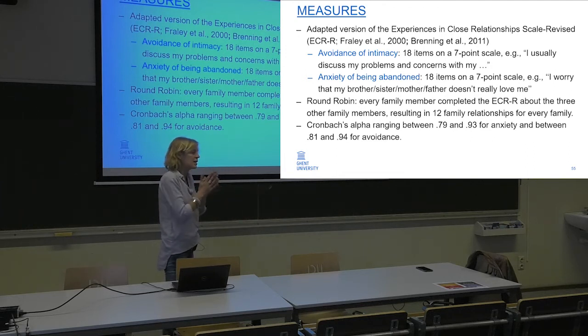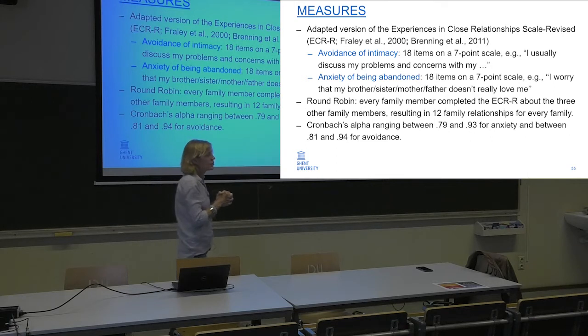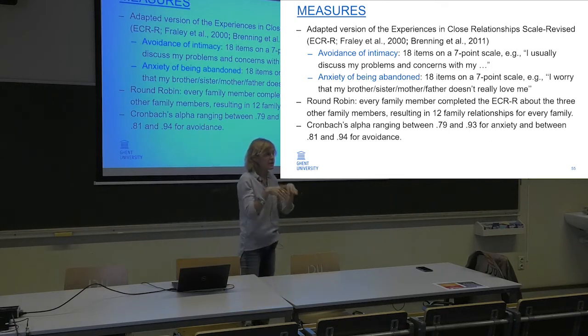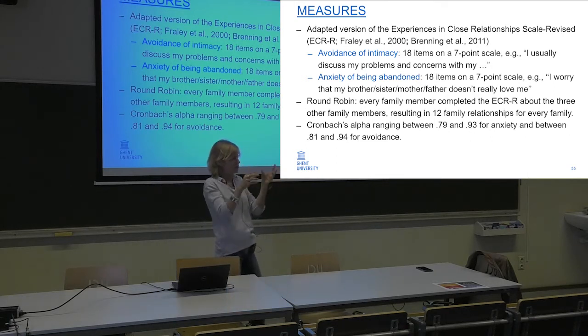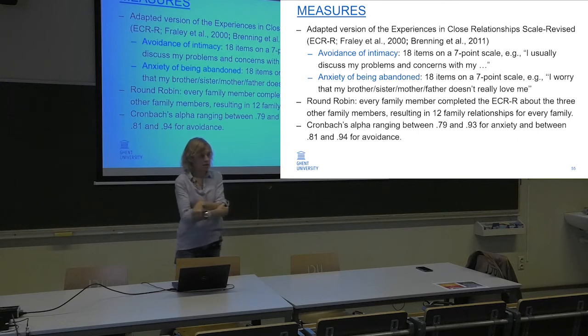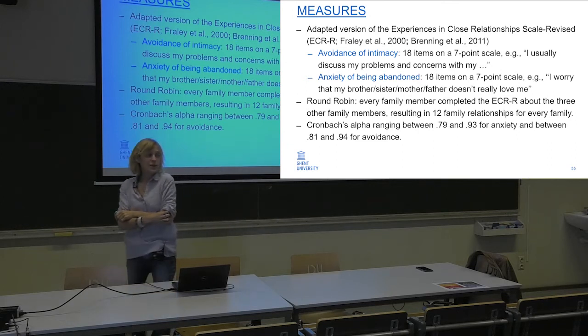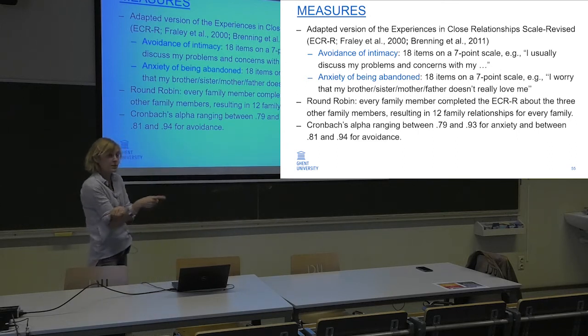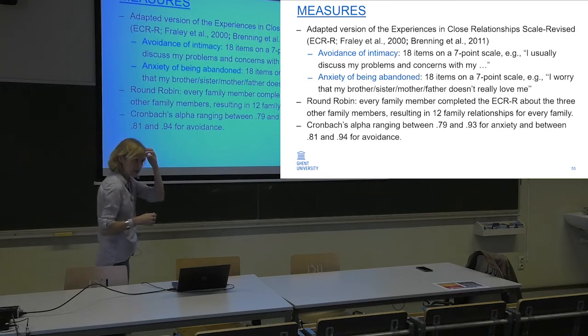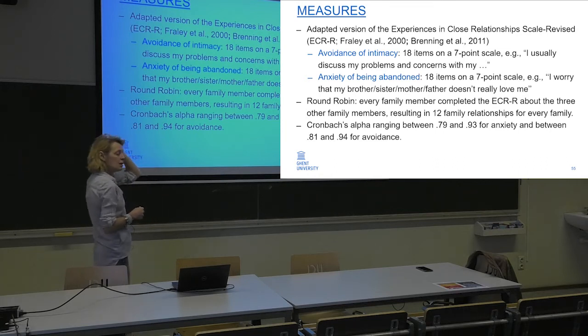We should reflect on how this impacts the results. I do think that here the variance will be bigger because you stress the differences between the three, that is, the variance in the relationships. So maybe that's why we found a lot of relationship effects here.